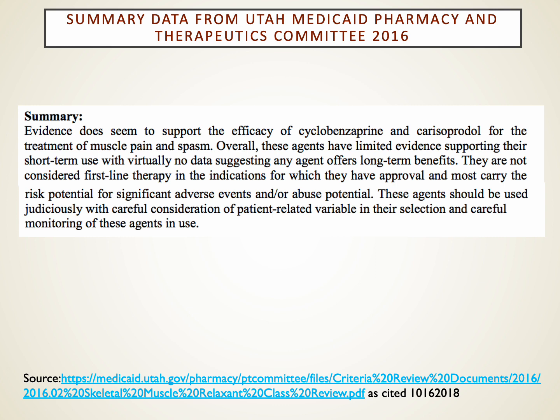So their summary data really look at limiting the use of these agents for treating muscle pain and muscle spasm, and when they're used, short-term use for peripheral indications, and for a central indication to really evaluate before and after once you start therapy, and periodically during therapy evaluating the risk-benefit of using these agents.